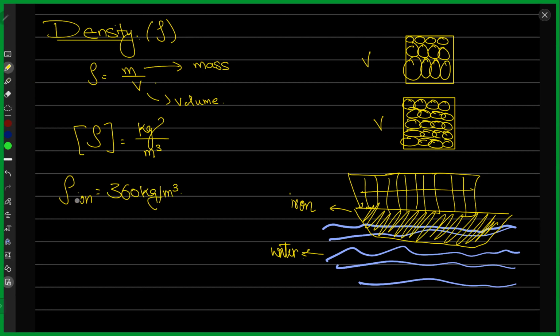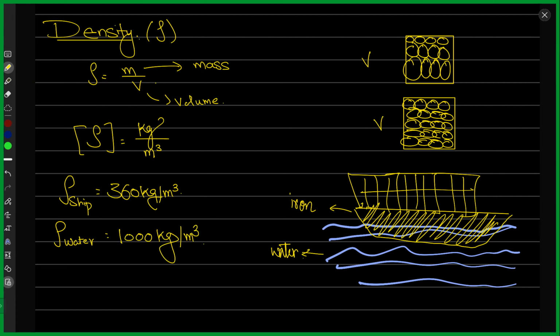So I'll just write ship over here. And the density of water is what? You can again take this from literature, or you can compute it. The density of water is approximately 1,000 kilograms per meter cubed. Exactly, right?